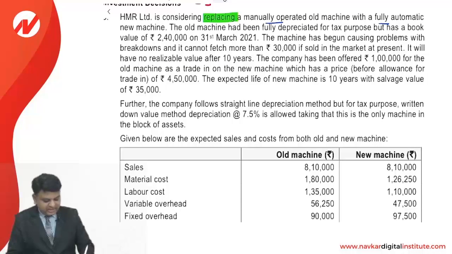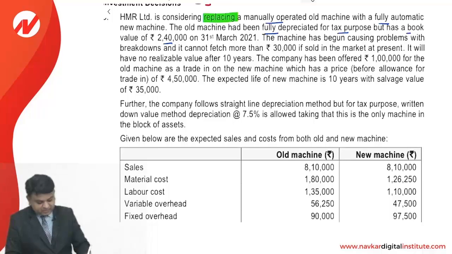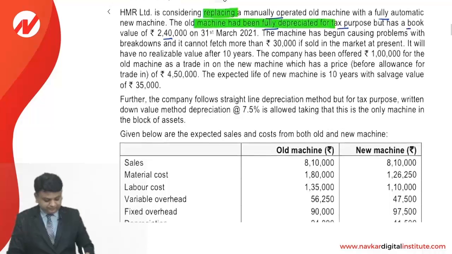The old machinery had been fully depreciated for income tax purpose but has a book value of 2,40,000. So as far as the income tax book value is concerned, it is 0. Fully depreciated means it has income tax WDV 0, and it has a book value, that is the accounting book value, of 2,40,000.